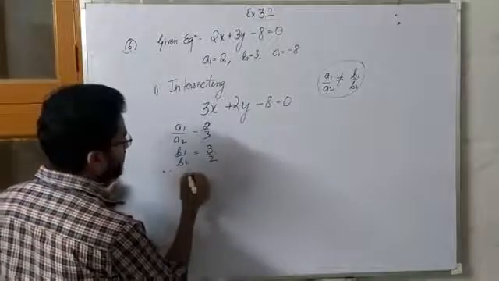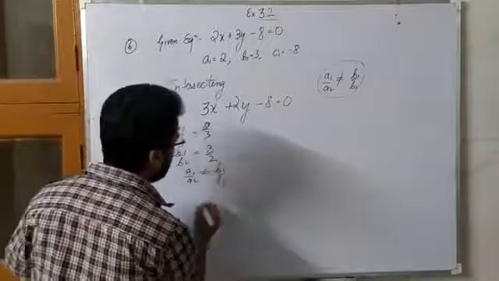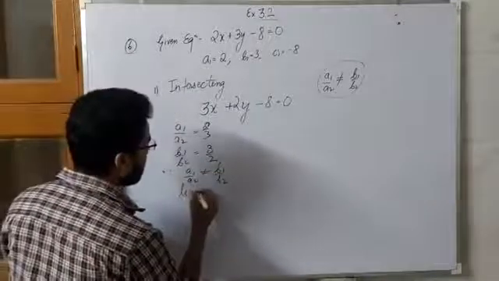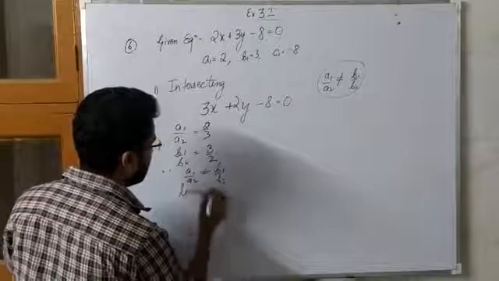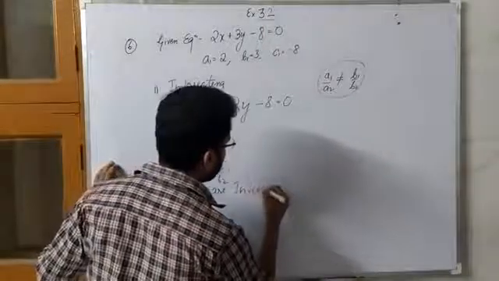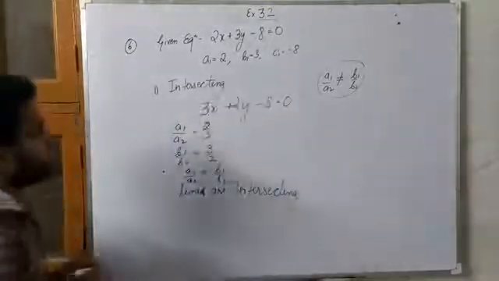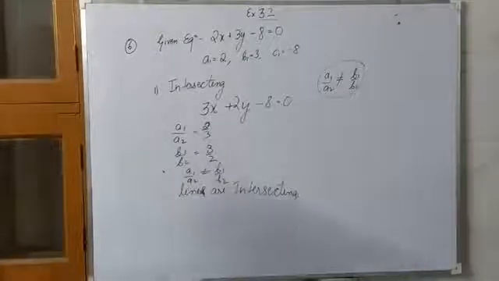So you will say since A1 upon A2 is not equal to B1 upon B2, therefore the lines are intersecting. So this was your first part.